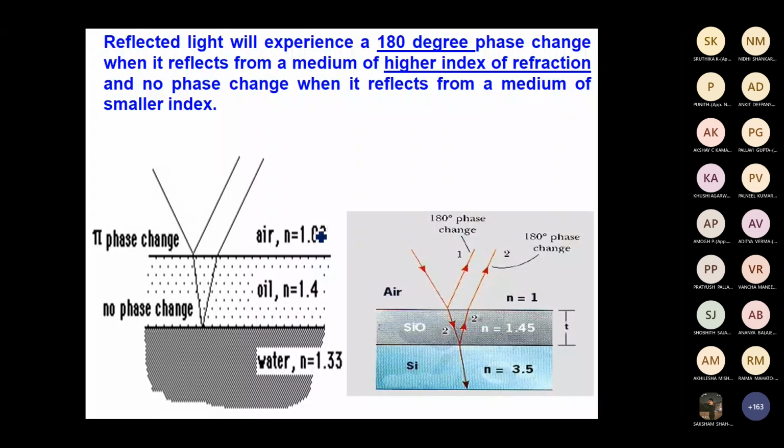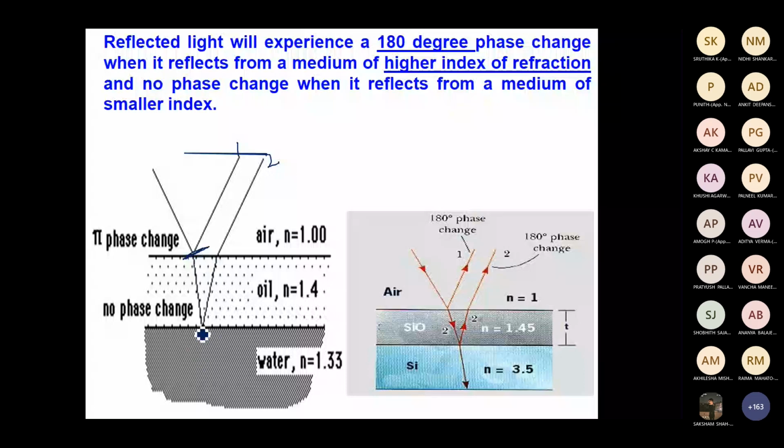This is wave 1 and this is wave 2. Incoming light falls on the top surface of the oil and gets reflected. We know air is 1, below is 1.44. At this position, I would suggest that you mark the reflection points, which is a simpler way to identify the phase change. This is the top surface of the film. This is the bottom surface of the film. Always mark these two things.